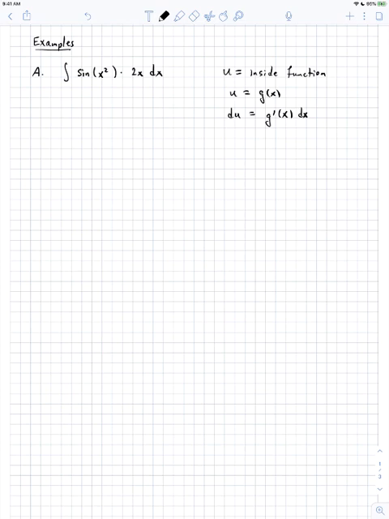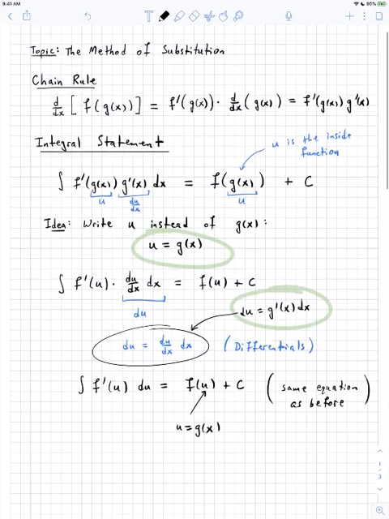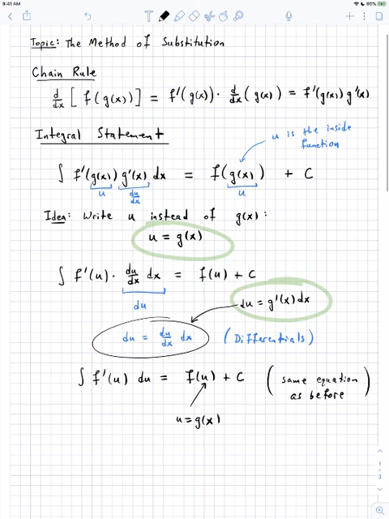So you want to look for the inside function in some composition. Let me just scroll back up to where we were looking at the chain rule. Here it is. Now, something that I mentioned when we computed the chain rule is something that's important now. When you compute the derivative of this composition, f evaluated at the inside function g, the first product is f prime times the inside function.